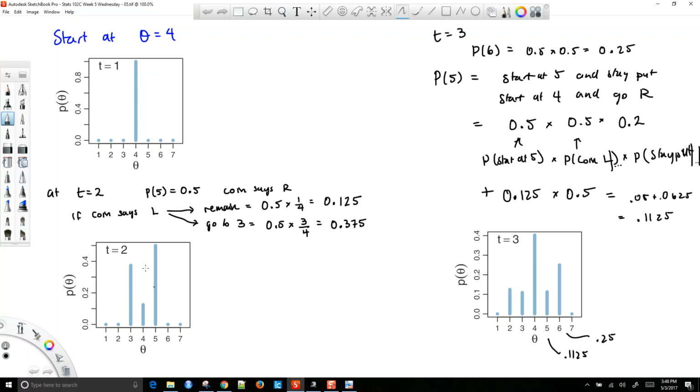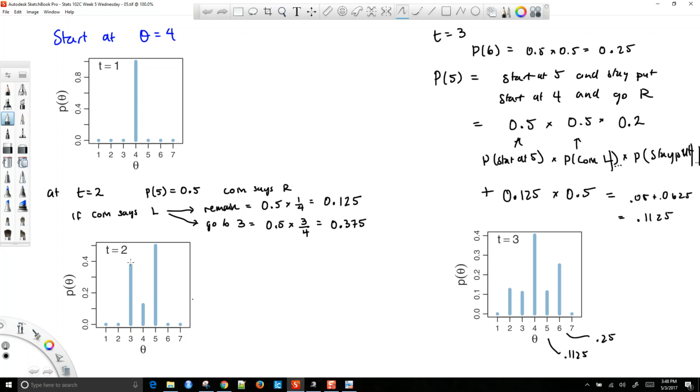Then at time 2 I can end up at location 5 with probability 0.5, because if I flip the coin and it tells me to go to the right, I'm going to go to the right, because island 5 has a bigger population than island 4, so I definitely go there. So that means I have a probability of 0.5 of ending up at island 5 at time 2.